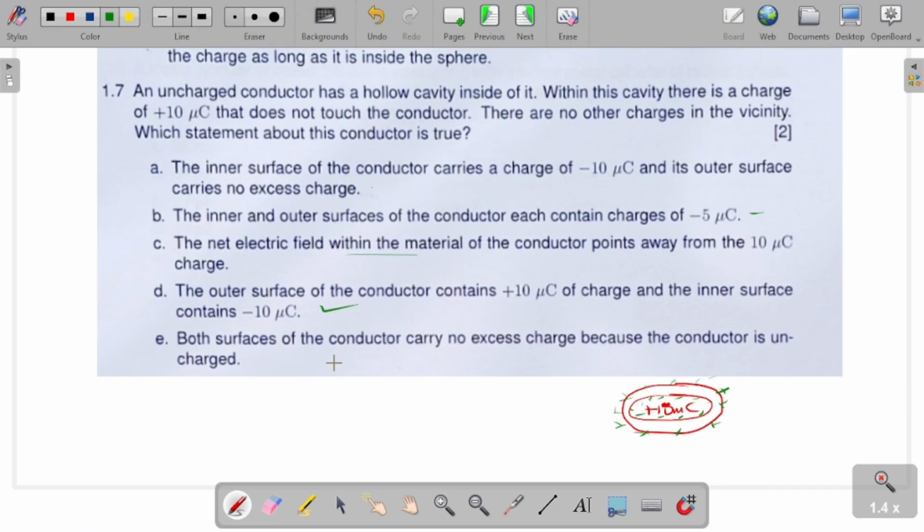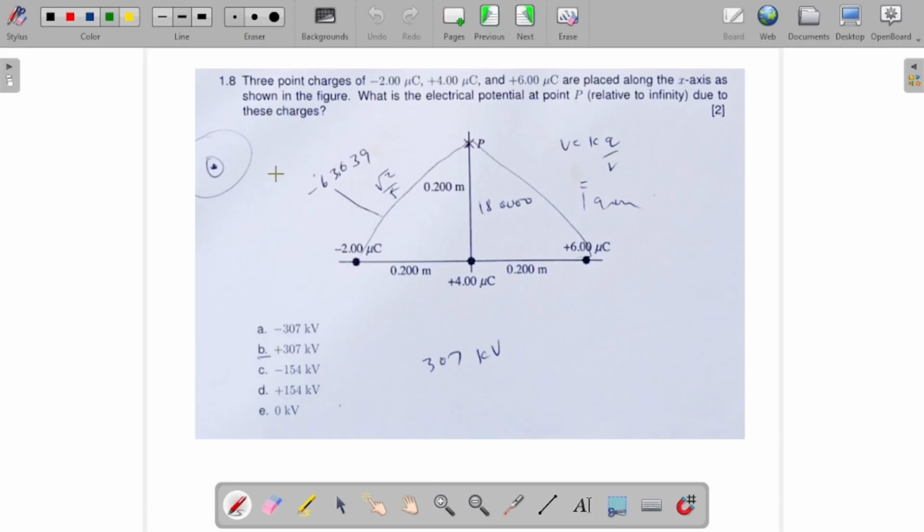Now E says both surfaces of the conductor carry no excess, which is not true. Are there any questions, guys, on this one? We say the answer is D. Let's move on in the absence of questions.